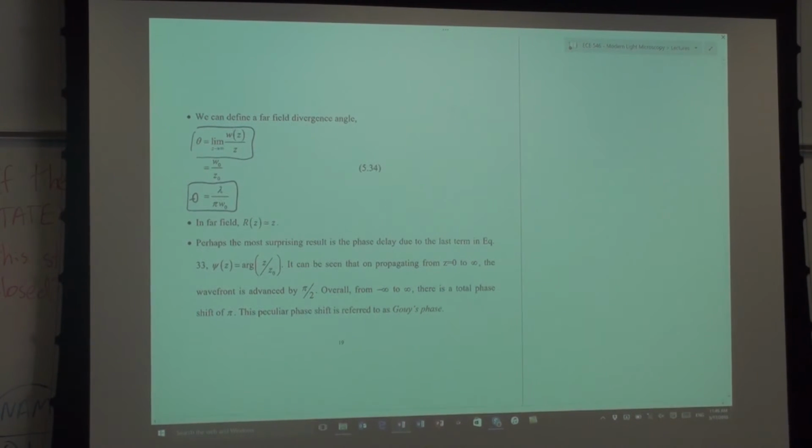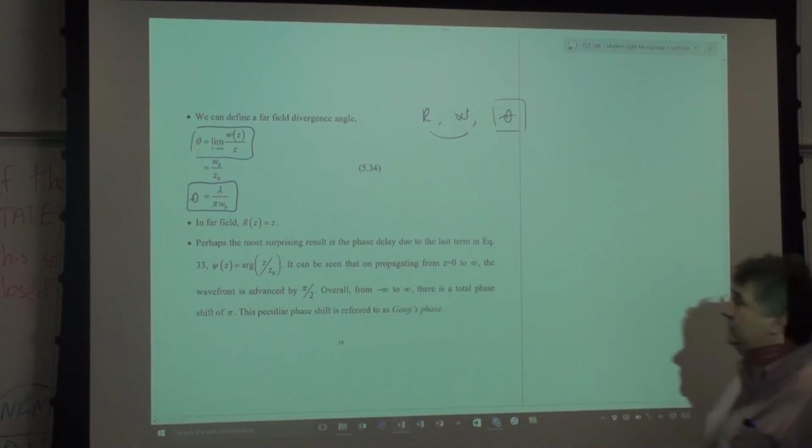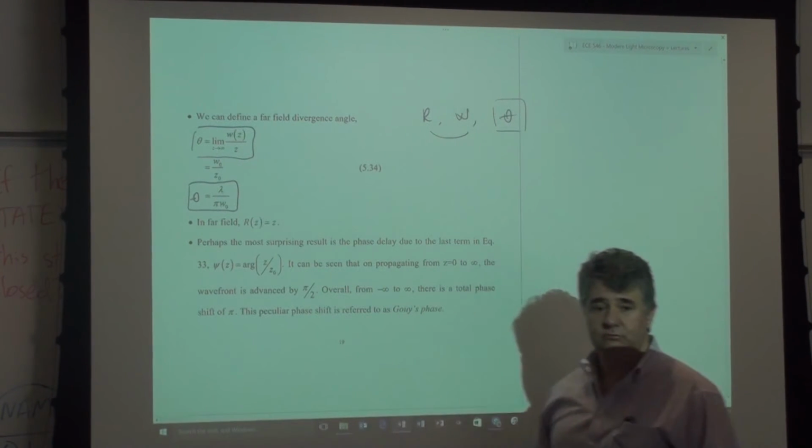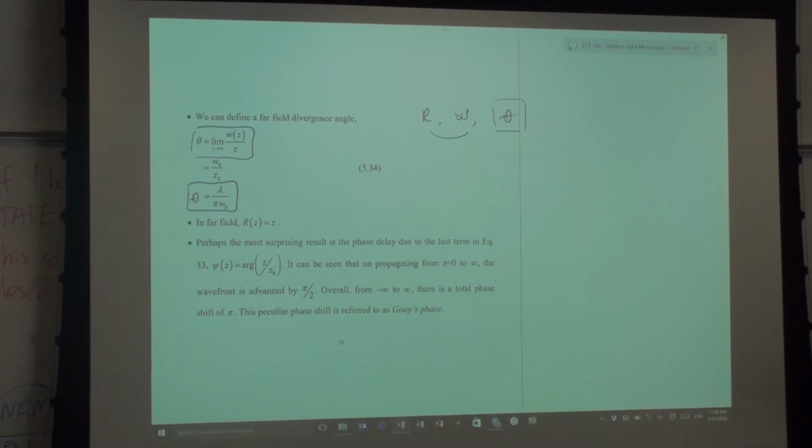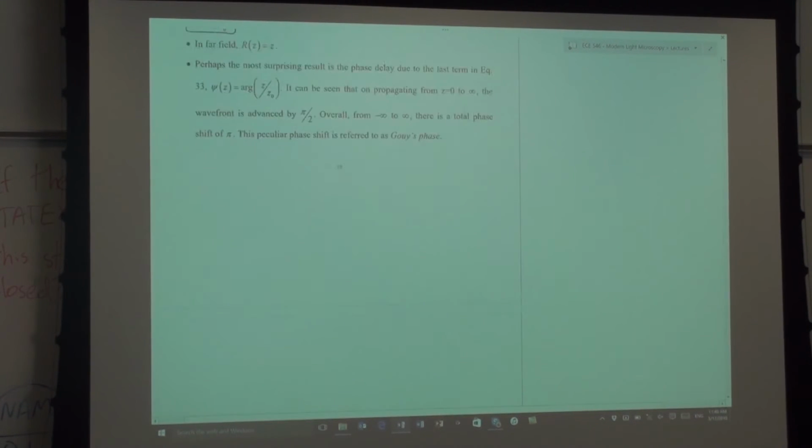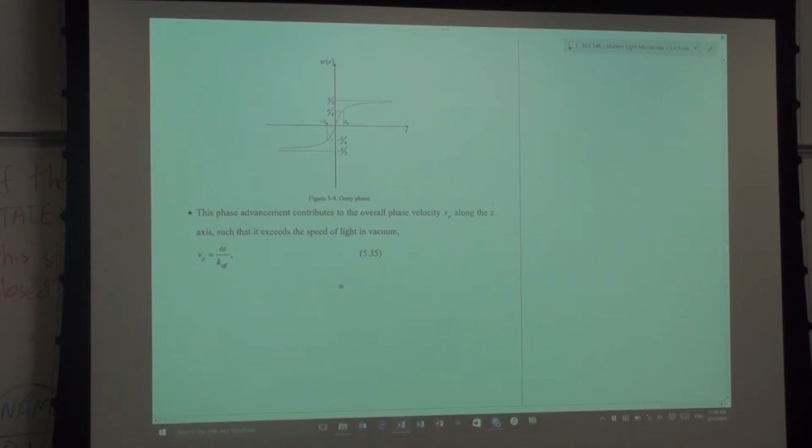So we have radius, we have waist, and we have theta, but theta comes out of W. Once you know the wavelength and W, theta just comes out. So it's only two parameters that we care about in Gaussian beams. You can calculate everything else. There we go. So here's my picture with a Gouy phase.